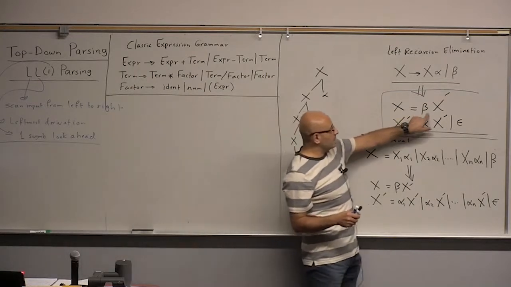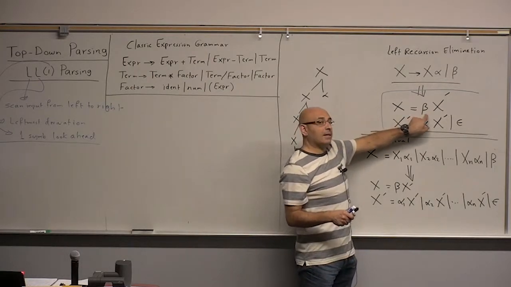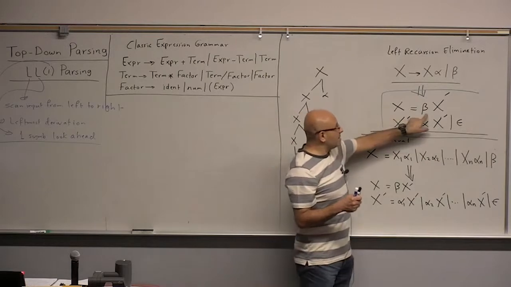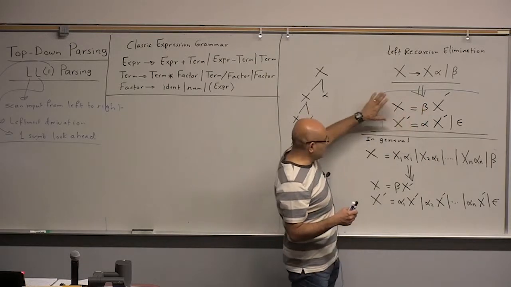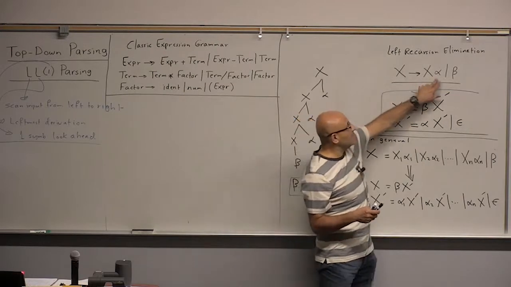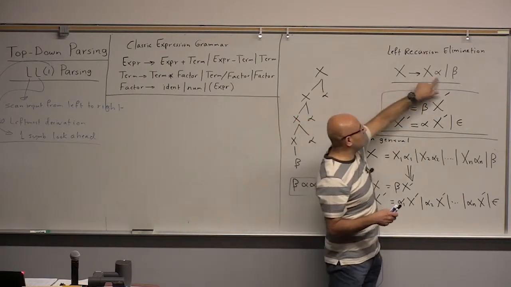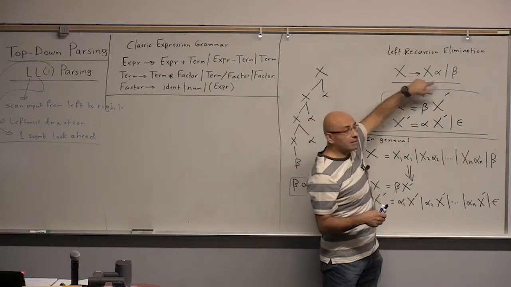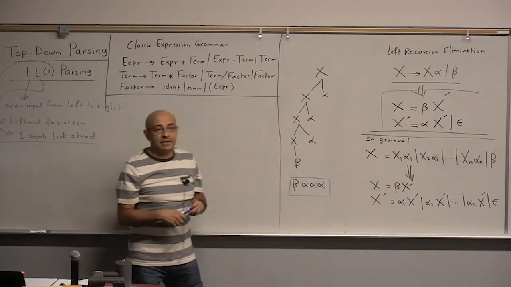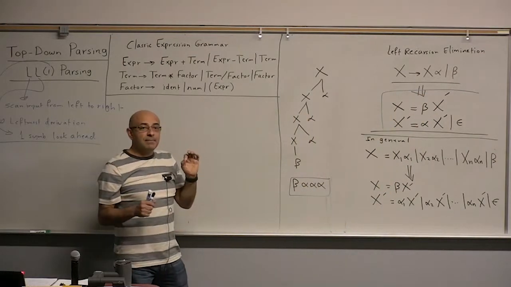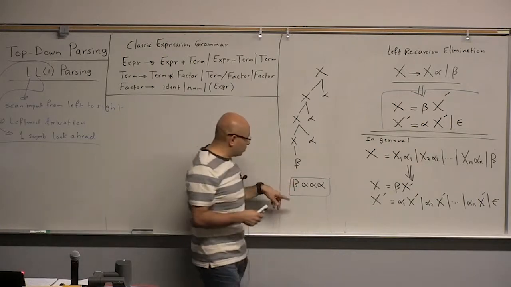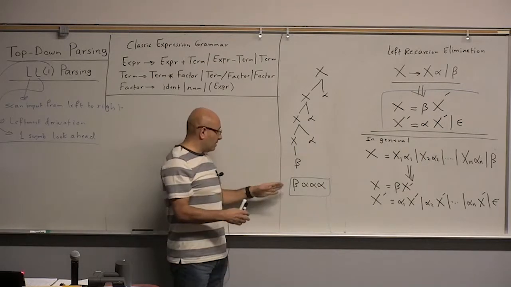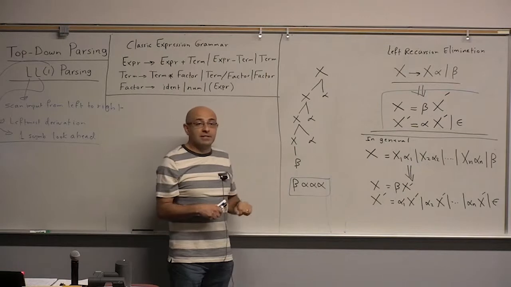This is explicitly saying that a string derived from this grammar must start with a beta. It's obvious here. Here it's not as obvious. It's saying x alpha or beta, so it's not as explicit that a string derived from this must start with a beta. And the start is very important, because what we are trying to do is to match an input string with a grammar given the lookahead, the first symbol in the string.